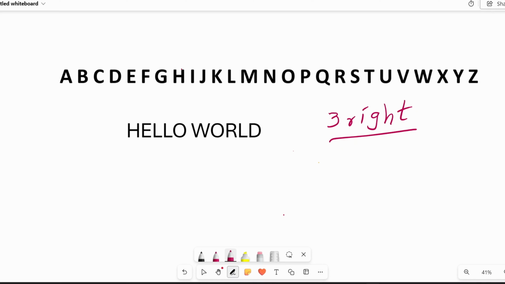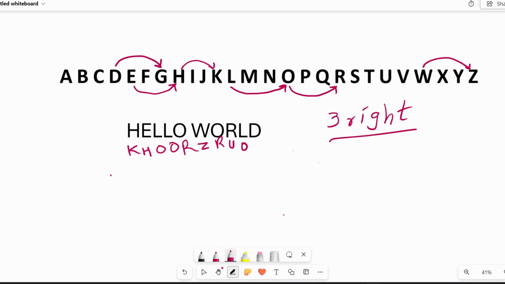So basically H would become K, E would become H, L would become O, and O would become R, and D would be G. Okay, so this is the cipher text using the key of 3 to the right. If we want to decrypt it, it would be 3 to the left.